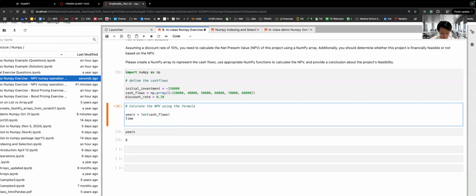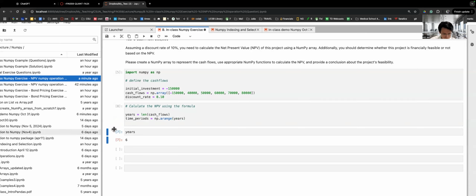So you can calculate the time periods with np.arange of years.